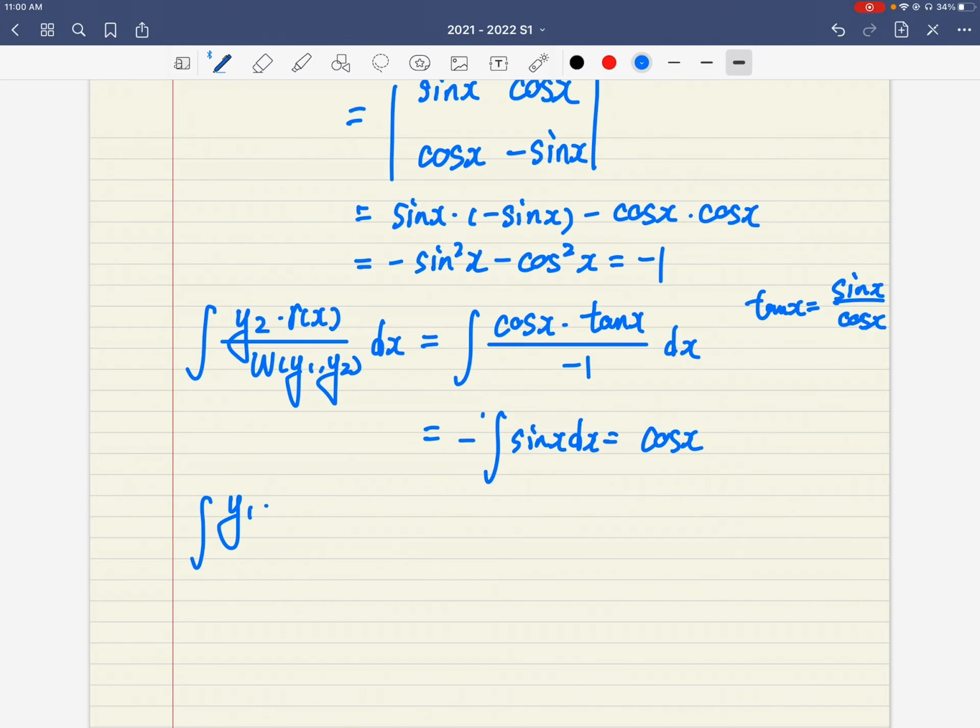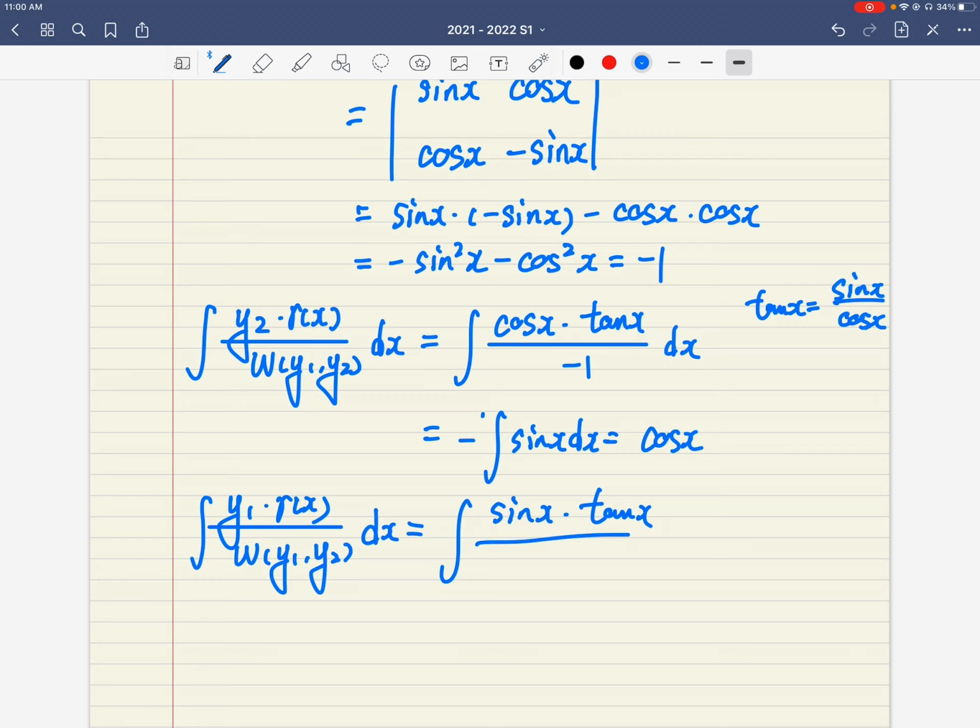Similarly, you have to do y1 times r(x) over W(y1, y2). y1 is sine x, and r(x) is still tangent x over negative 1. This is more complicated.